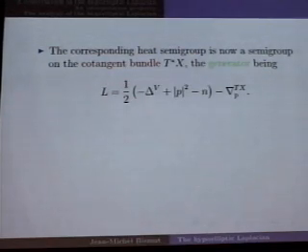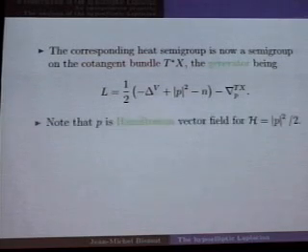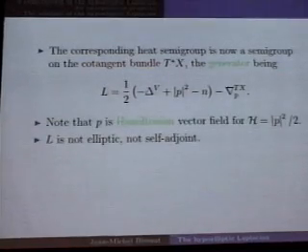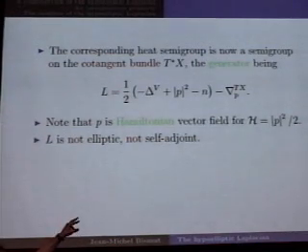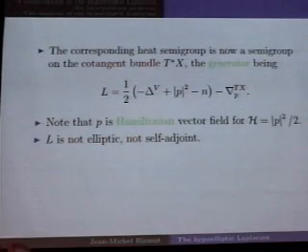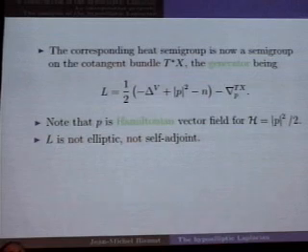like this? Before saying more about this construction, note that this operator is not elliptic, simply because it doesn't have a second order term in the x direction. It's second order in the p direction, but just first order in the x direction. So it is not elliptic.